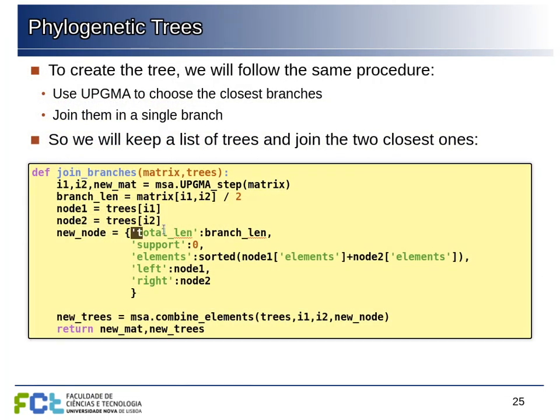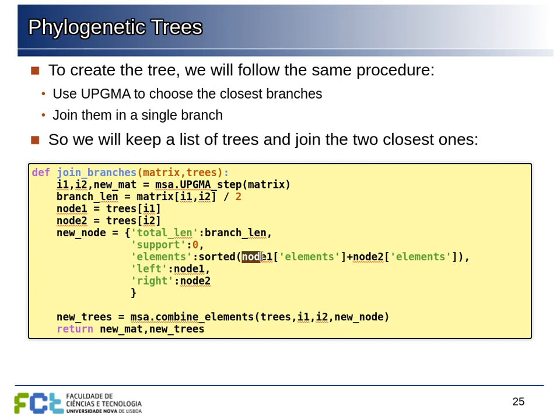We're going to put the total length, which is the distance that we need to go all the way to the end of the tree, to the leaves. We're going to create this entry support with a 0 because we did not find support yet. We did not test the different replicas. And we're going to create this elements list.